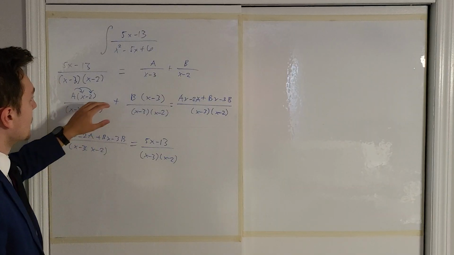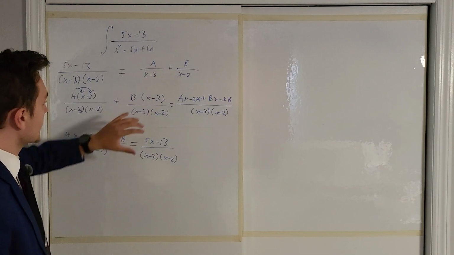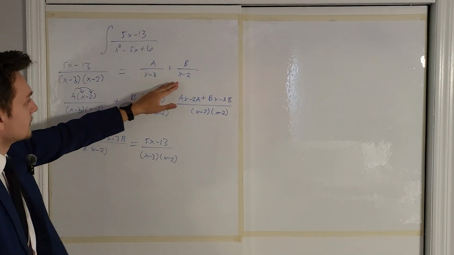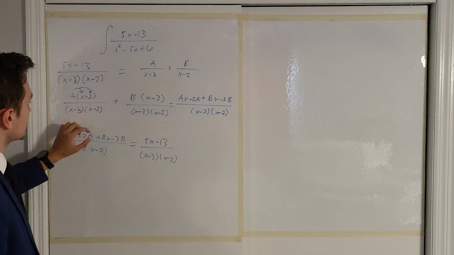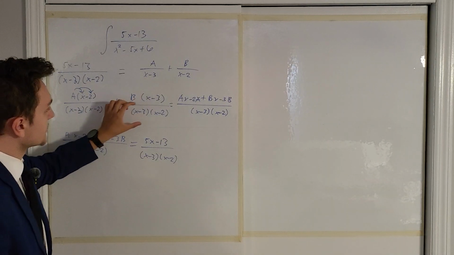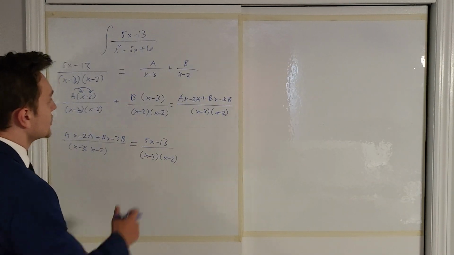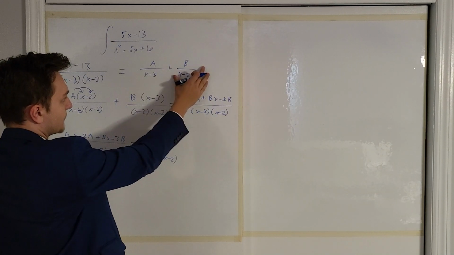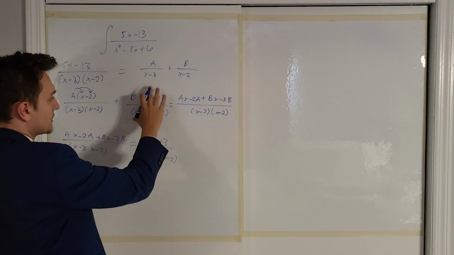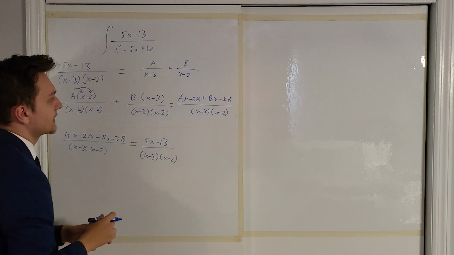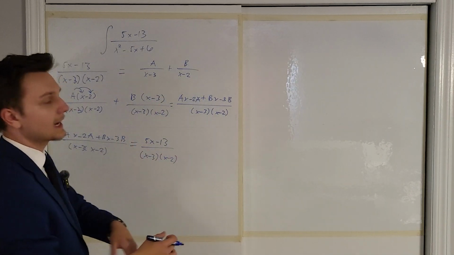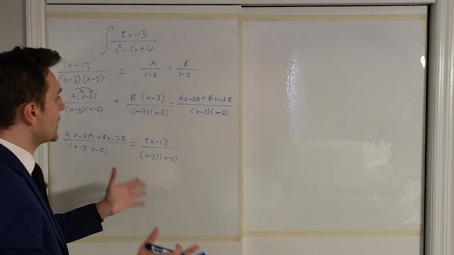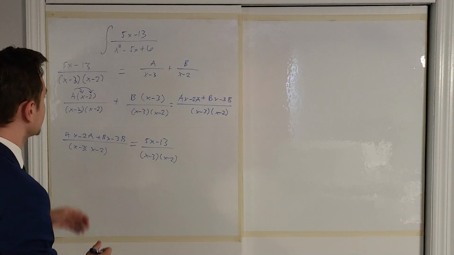Then you multiply each fraction by x minus 2 over x minus 2 in this case, and x minus 3 over x minus 3 in this case. You multiply it by the factor that you don't have, okay? And since I'm multiplying by x minus 3 over x minus 3, I'm technically multiplying by 1. I'm not changing anything about the fraction, okay?